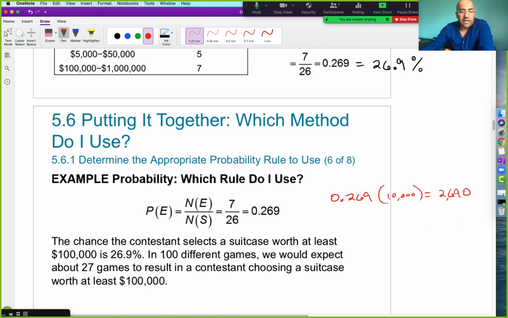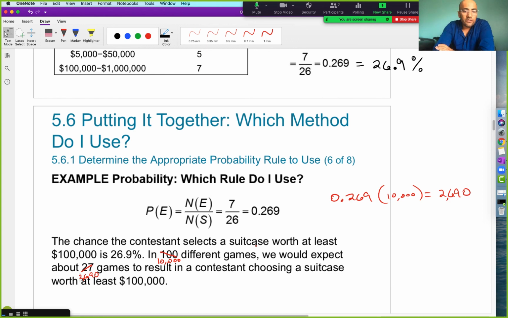So another thing we could say is that in 10,000 games, instead of 100, say we watch 10,000 different episodes, we would expect about 2,690 of those episodes to result in the contestant choosing a suitcase worth at least 100,000.